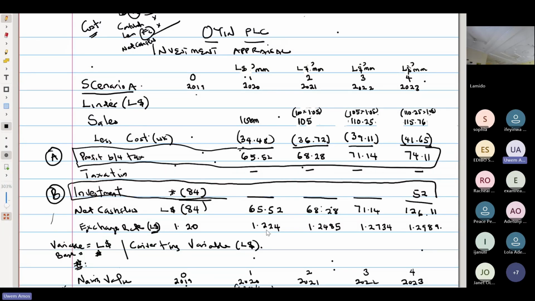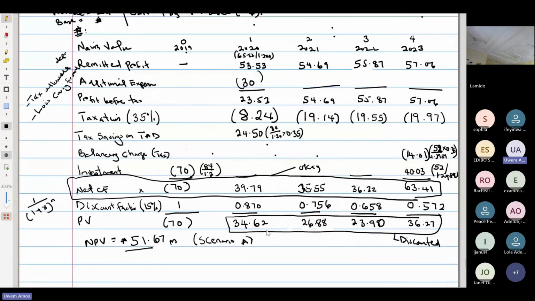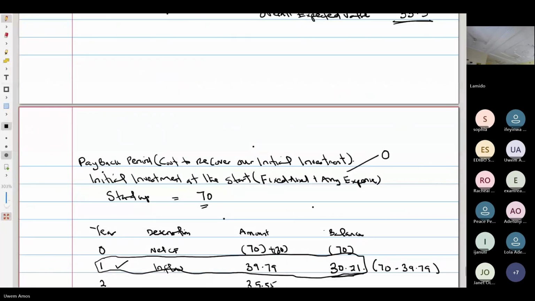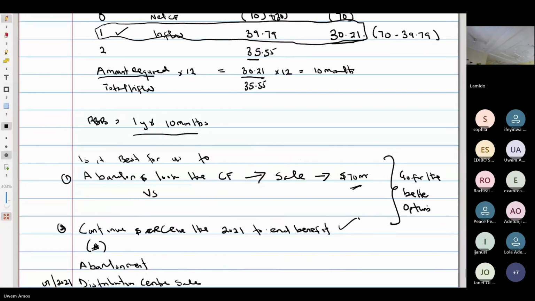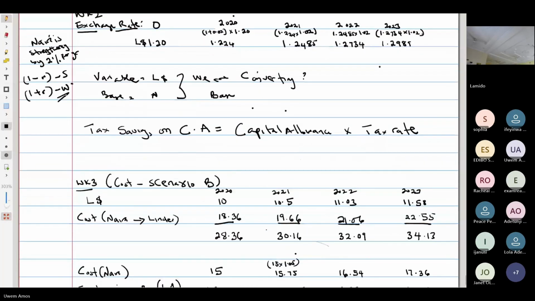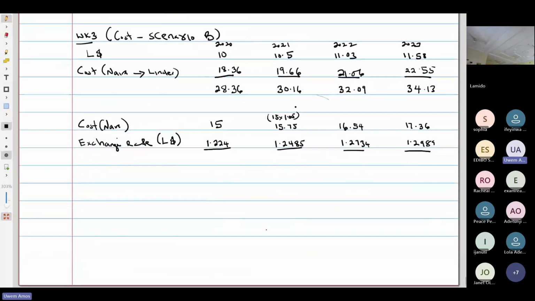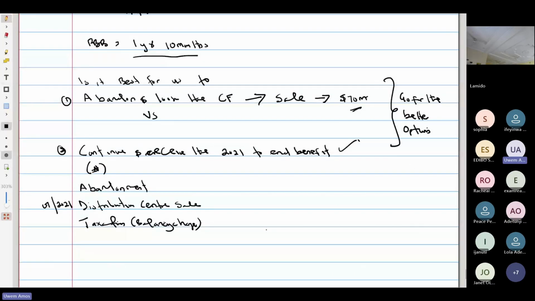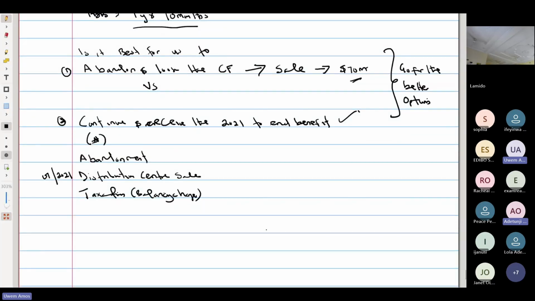So what is the Naira equivalent of our 70 million? So 70 million divided by 1.224 is 57.19.